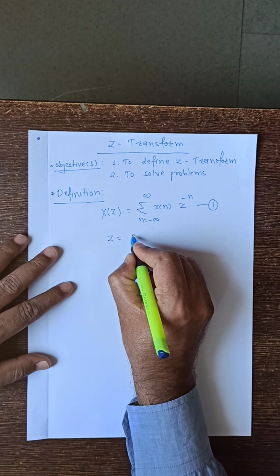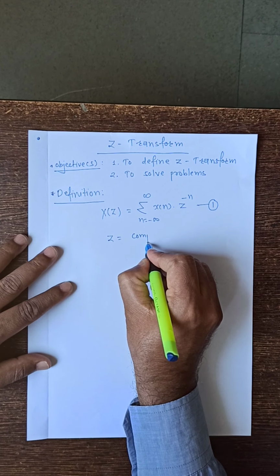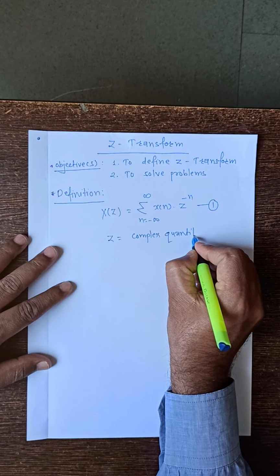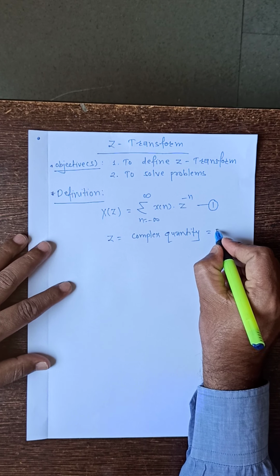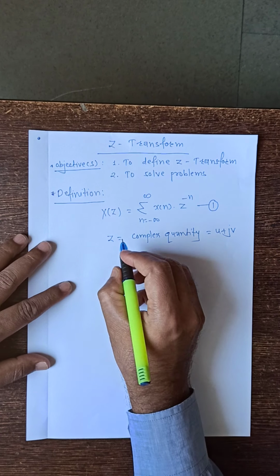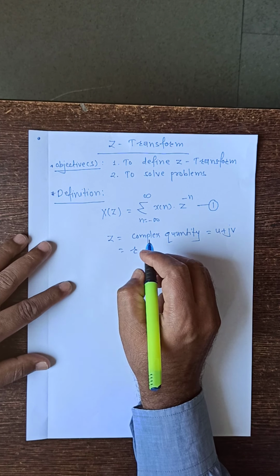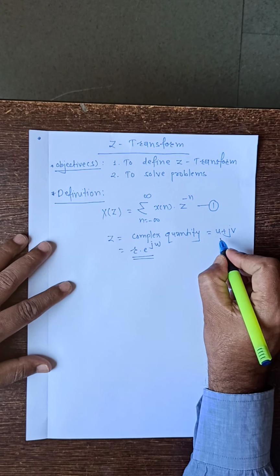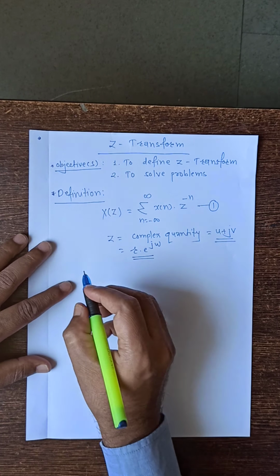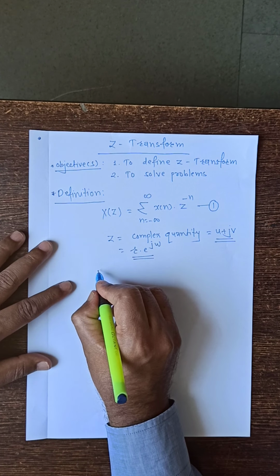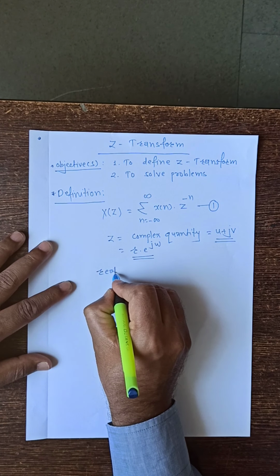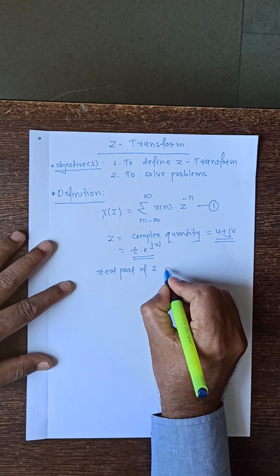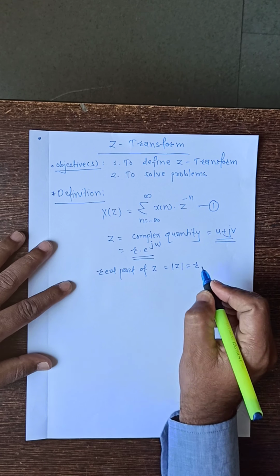So it can be represented as u plus jv, or in polar form r times e raised to j omega, where r is the magnitude of z, let it be equation number 2.